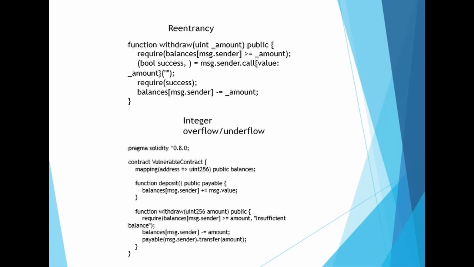In the integer overflow underflow example, an attacker could exploit the smart contract by causing the balance to wrap around, meaning manipulating arithmetic operations to bypass the logical checks due to the way integers are handled. For example, if we have uint8 a, which holds values from 0 to 255, and the value is 255, even if we add 1 to it, it will become 0 due to the overflow.